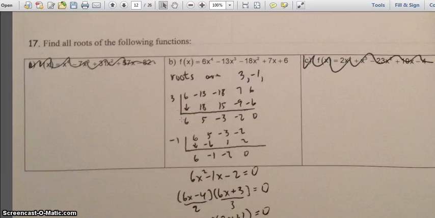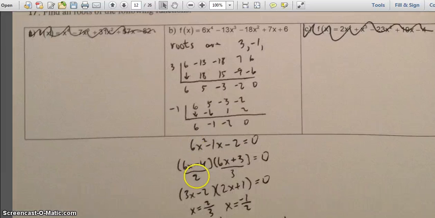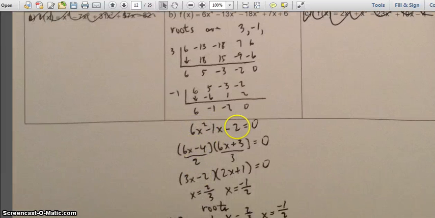If I do synthetic division once, I drop the exponent from x to the 4th to x cubed. If I do it again, I drop the exponent from x cubed to x squared. So when I do synthetic division the second time, I get a quadratic, and then I factor the quadratic. 6 times negative 2 is negative 12. What multiplies to give me negative 12 and adds to give me negative 1?